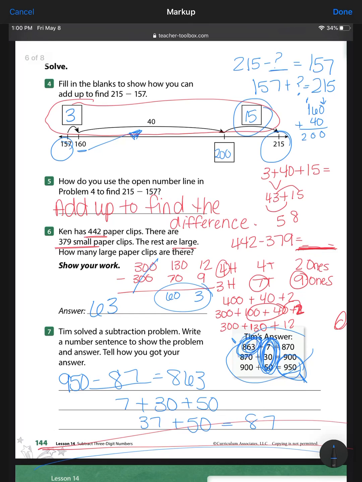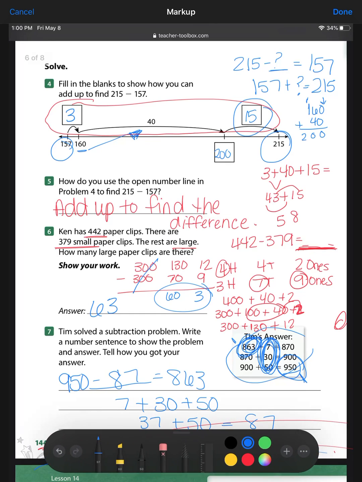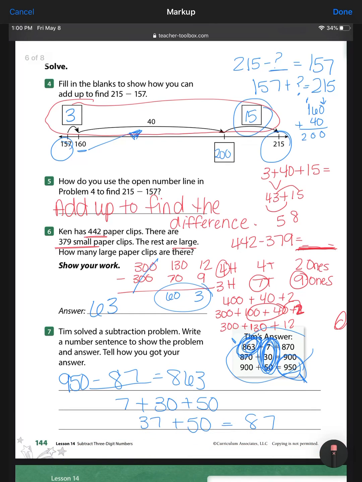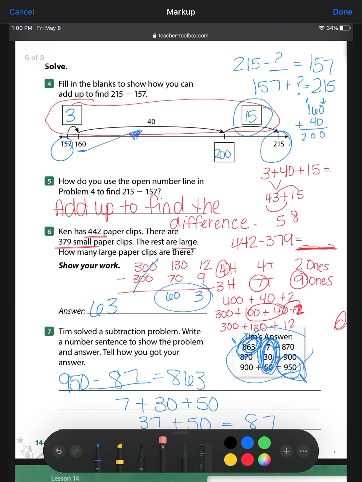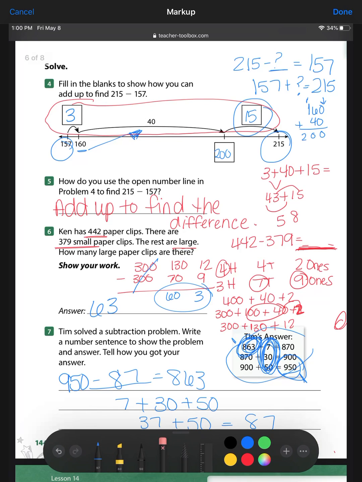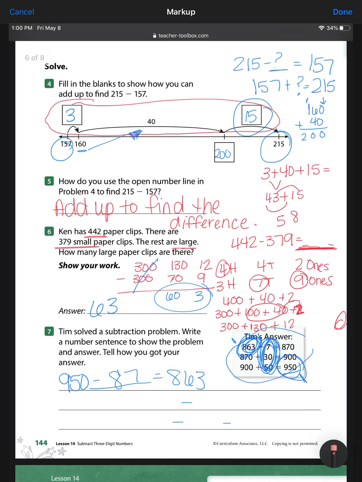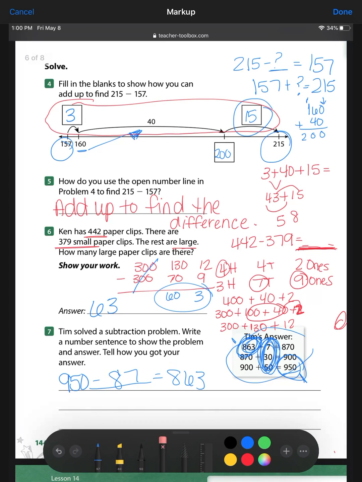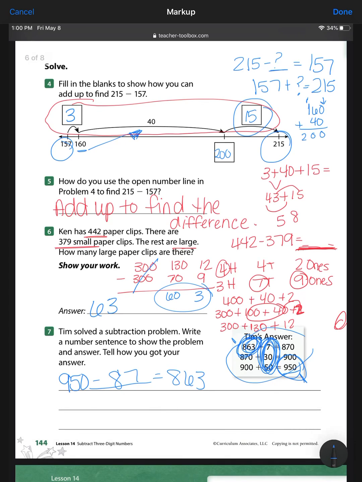This would be the same as if Tim used a number line and started with 950. Here, let's erase all this. So this would be the same as if Tim used a number line and started with 950 down here. And then he counted backwards to find 863.